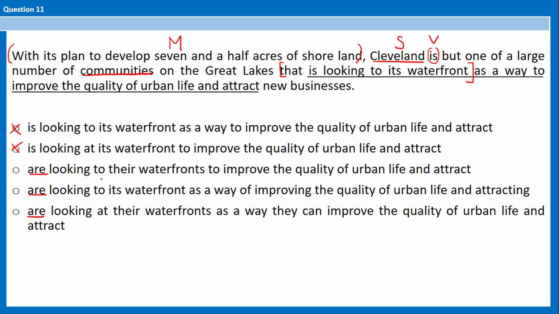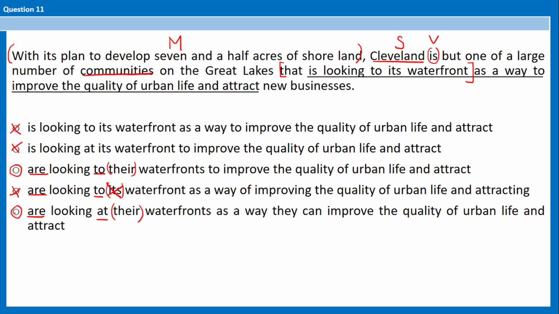to versus looking at, that's another split. Then you have the plural pronoun there versus the singular its. Since I'm referring back to the communities on the Great Lakes, I cannot use the singular its. Eliminate number 4. So you have 3 and 5 left.